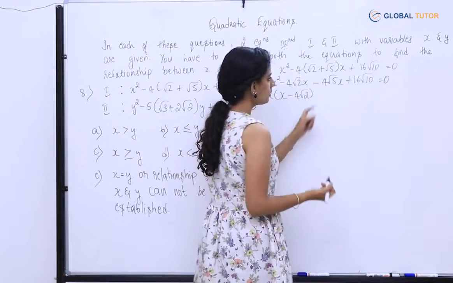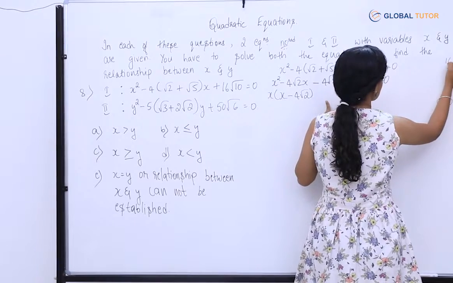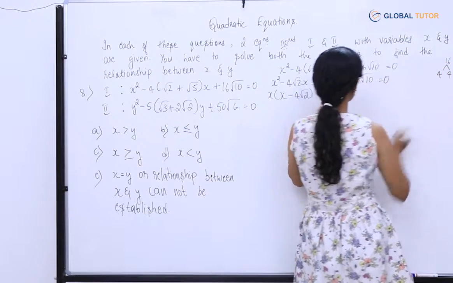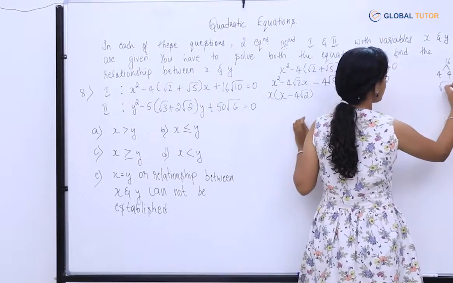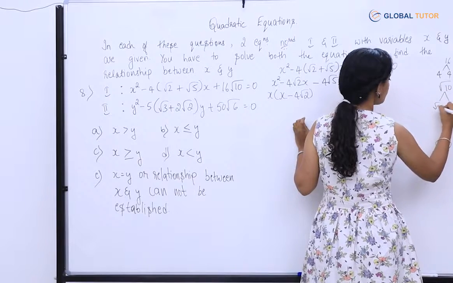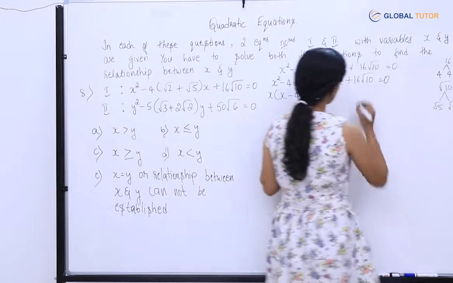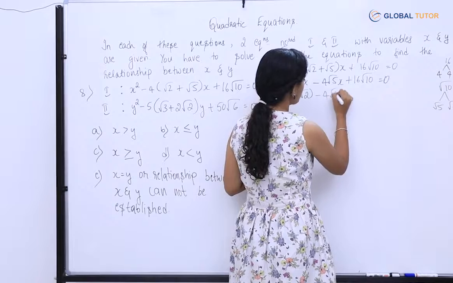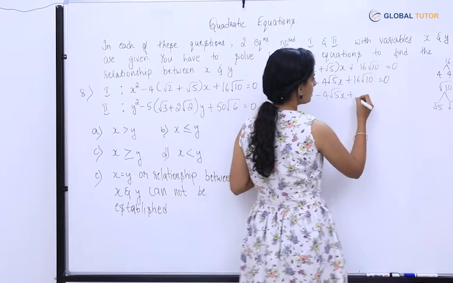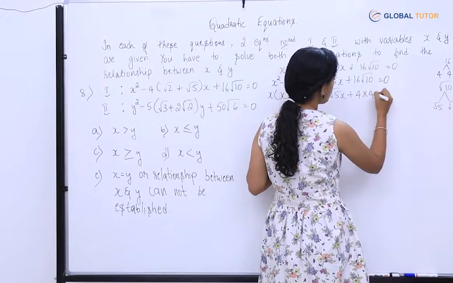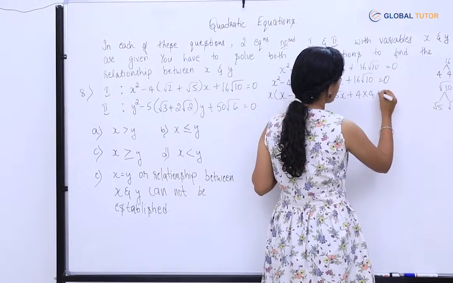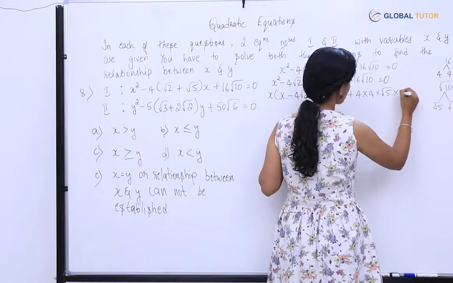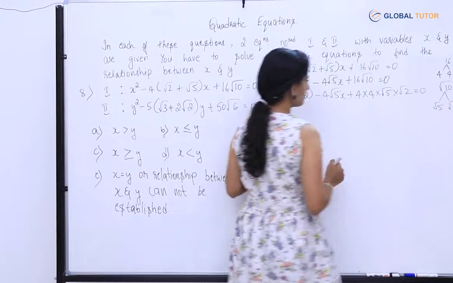Here if you see, 16 can be written as 4 into 4, right? Similarly, root 10 can be written as root 5 into root 2. So we can write this as 4 into root 5 x plus 16 as 4 into 4, and root 10 as root 5 into root 2, is equal to 0.